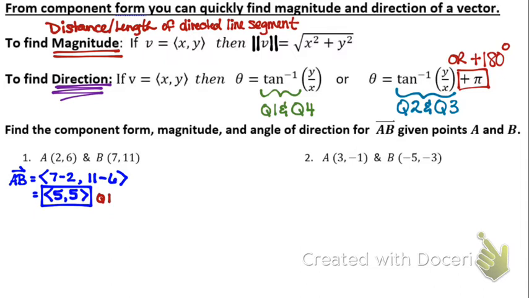Let's find our magnitude next. Magnitude is just distance formula. So I'm going to take the two components and square them.